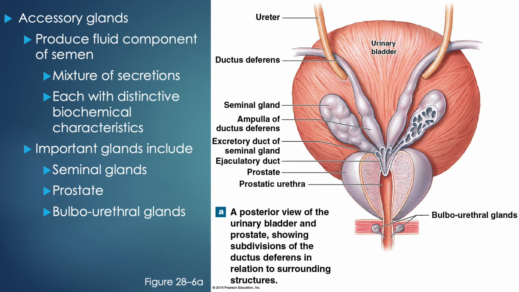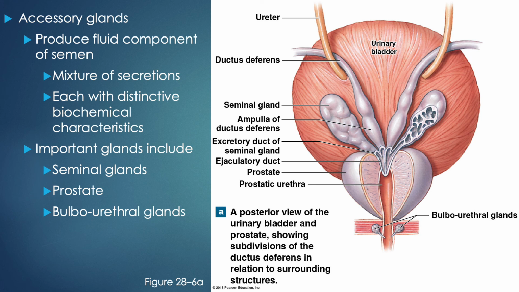In this image, we are looking at the posterior view of the bladder, and this is somewhat postero-inferior, so we're looking kind of up at the bladder anteriorly. At the very top of this image is the urinary bladder, and then there are 2 major structures extending out, the ductus deferens, which comes into the ampulla and opens up its product into the prostatic urethra.